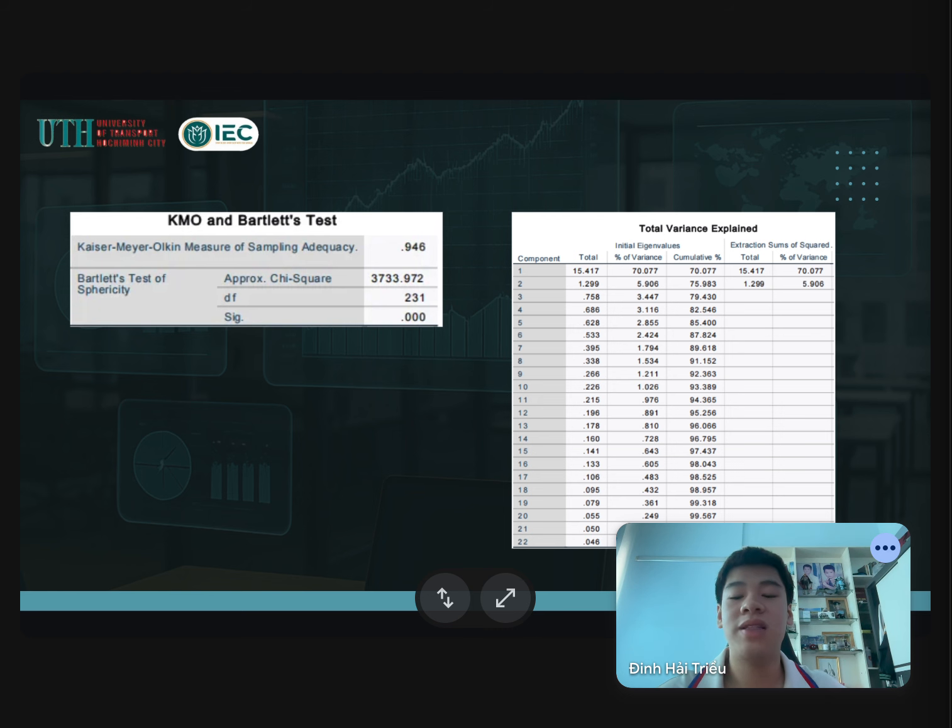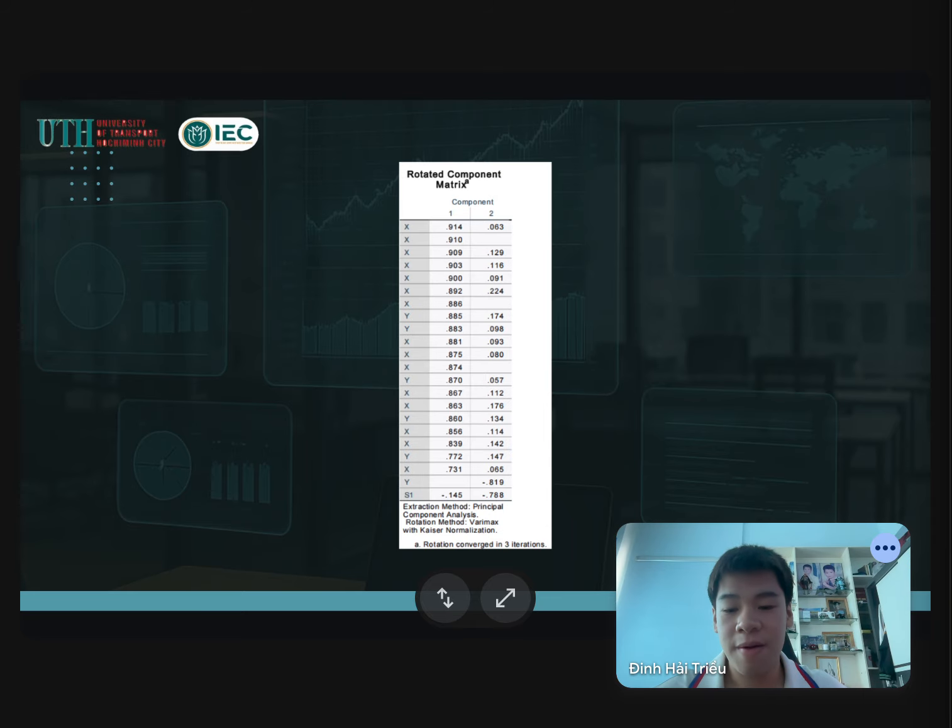We also examine the rotated component matrix. Most variables have factor loadings above 0.7. High factor loadings indicate that each observed variable strongly represents its intended factor. In addition, there are no serious cross-loading issues.